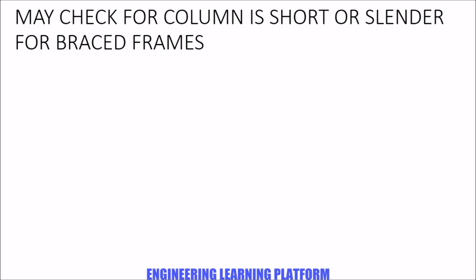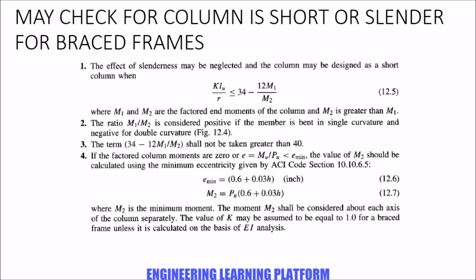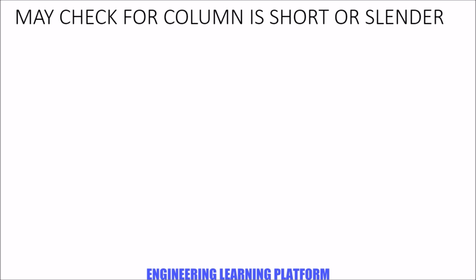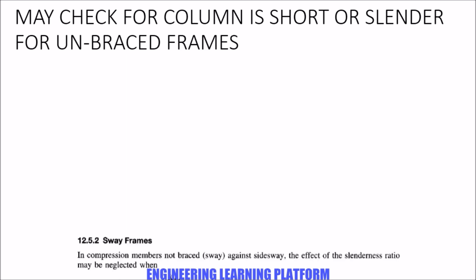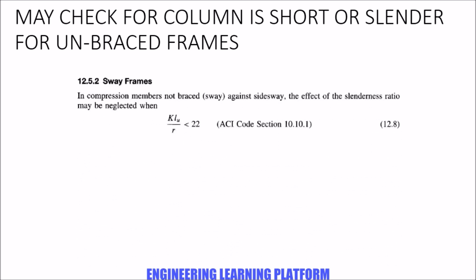First of all, we need to know whether the column is short or slender. For braced frame, the criteria is shown, and for unbraced frame like our case, that was a sway frame, the criteria is also shown.